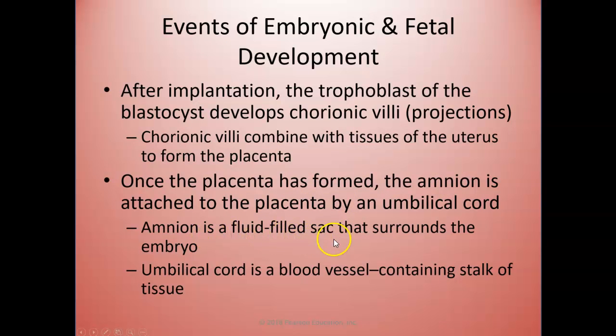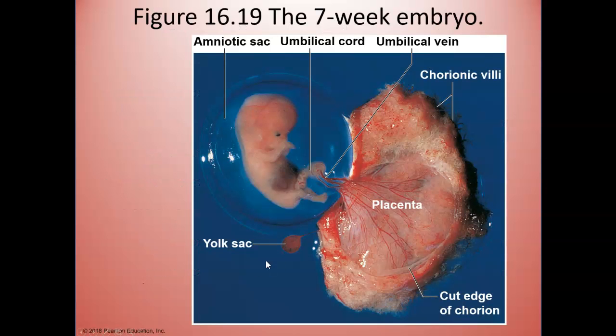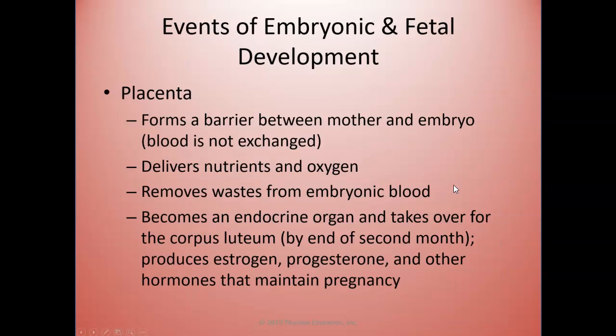So the amnion is that fluid-filled sac that surrounds the developing embryo, and the umbilical cord contains that stalk of tissue that allows it to go back and forth. Here's an image of a developing embryo, and you can see that umbilical cord going to the placenta. But the key thing I wanted to point out was those chorionic villi that stick to the edge of that uterus and intermesh with that tissue there.